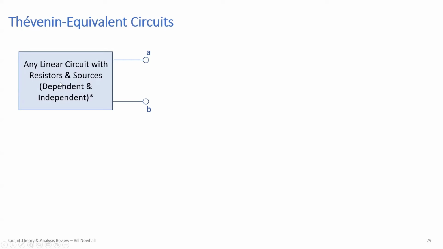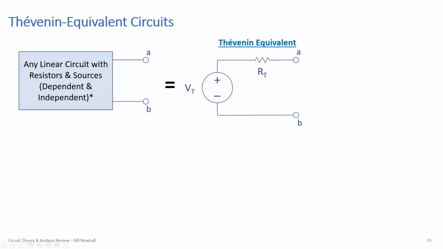Dependent sources do depend on voltages or currents elsewhere in the circuit, like an amplifier is a dependent source. So any linear circuit with resistors and sources can be modeled as a Thévenin equivalent like this, with just simply a voltage source and a resistor.